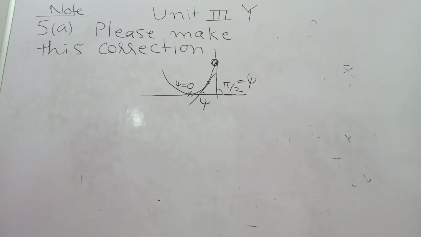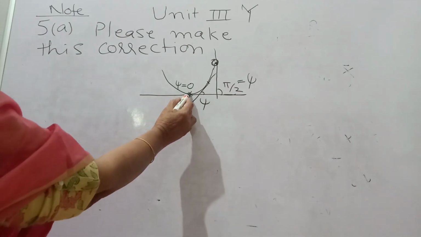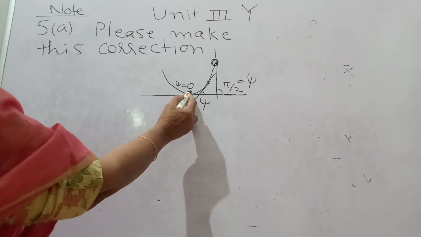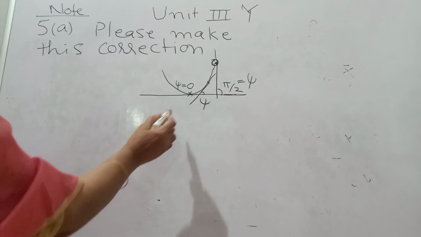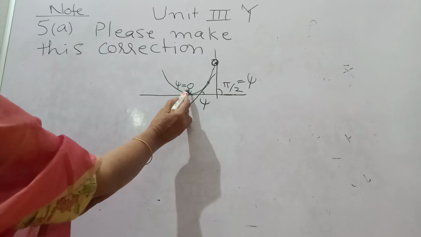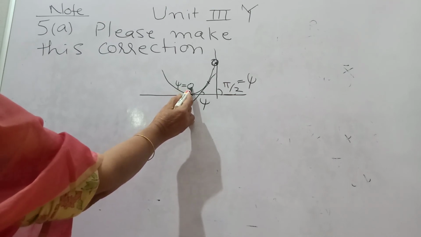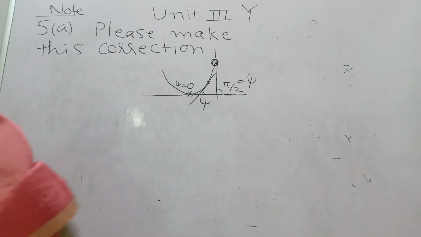So at the end, it was required to prove the pressure on the curve is 2 times mg, and from where you found the expression for R. You found the expression for the pressure, but it was in terms of psi. So at the lowest point, the value of psi is 0. So you have to substitute psi equal to 0 and you have to get the result.